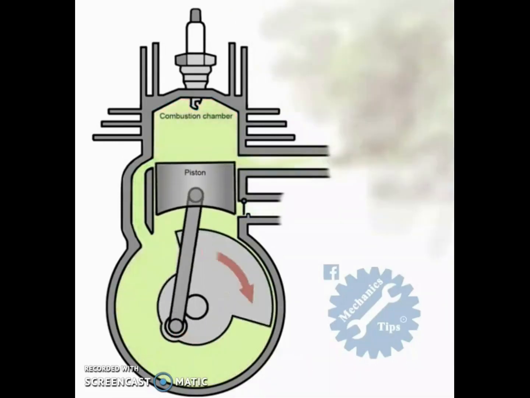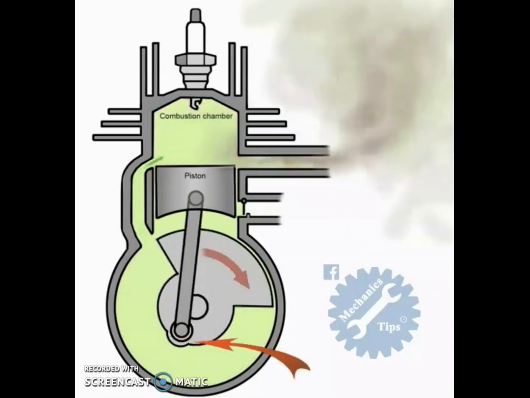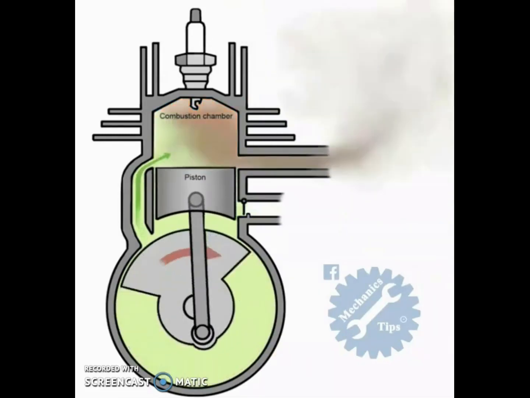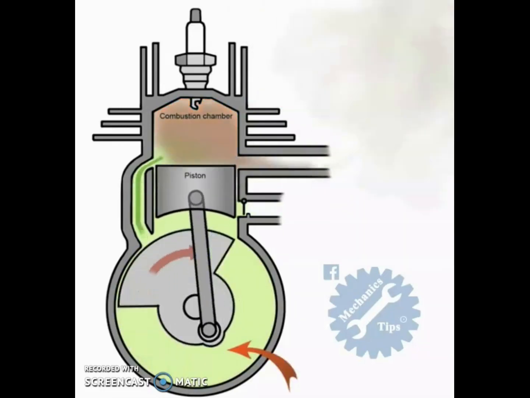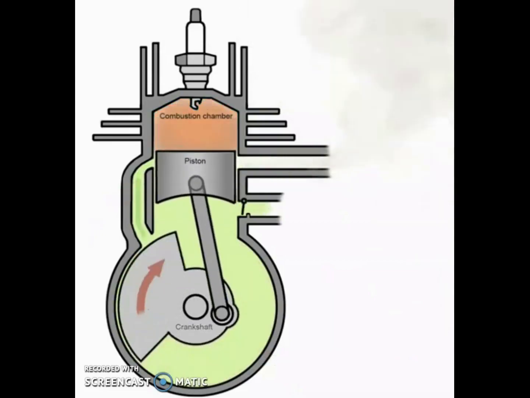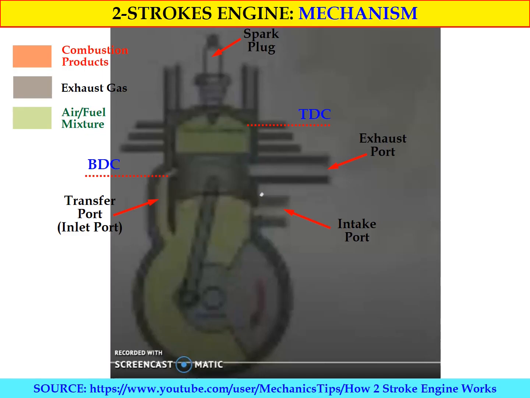At the same time, this flow forces the exhaust gas to be released to the surroundings through the exhaust port. That is the process of the two-stroke engine, and that is all in terms of its mechanism.